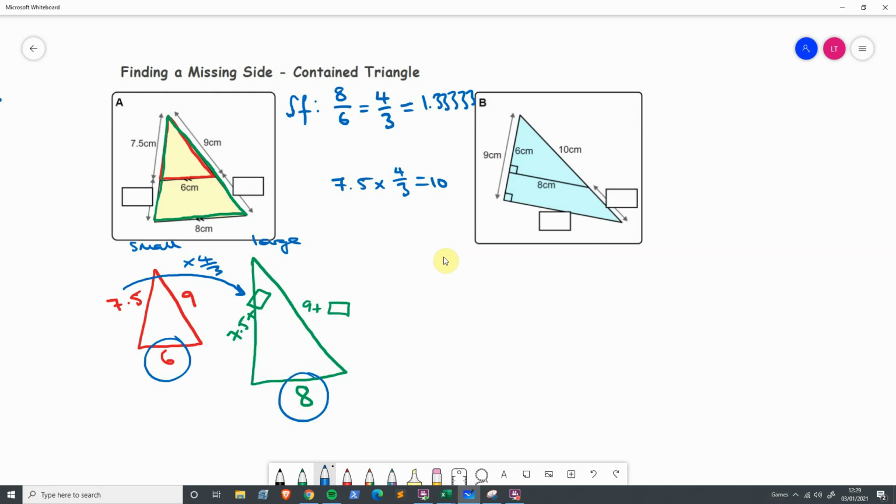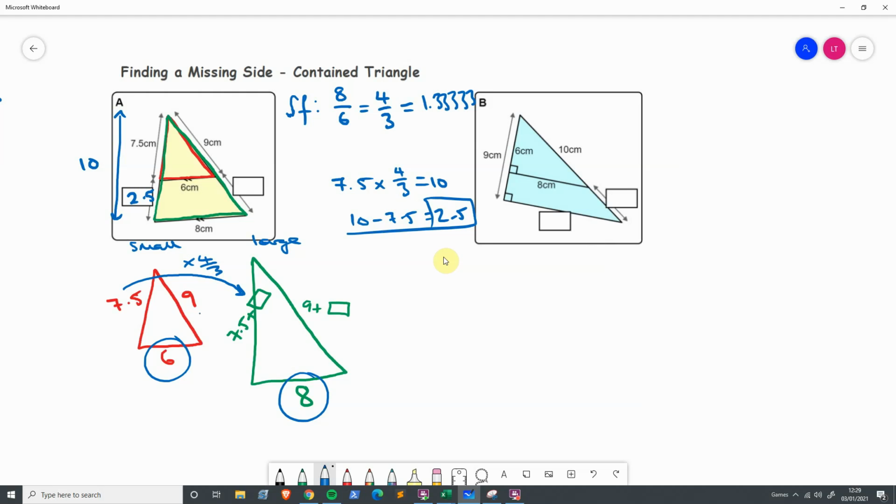But what's my box going to be? Well, if this full length is 10 and this is 7.5, then this must be 2.5. And always watch out for that, because that's a very common thing, that the number you get from the multiply isn't actually the final answer.